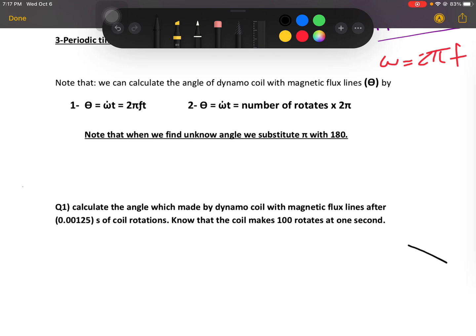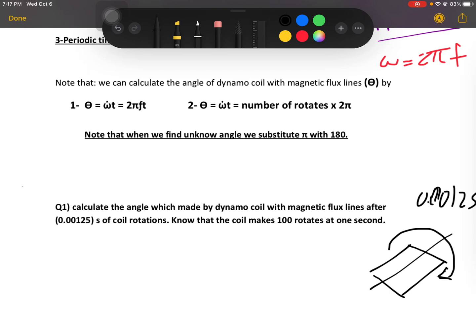If we have a coil like that, the coil will rotate, for example, in this direction. After 0.00125 seconds, this coil will make an angle with the magnetic lines. Let me just draw the magnetic lines.